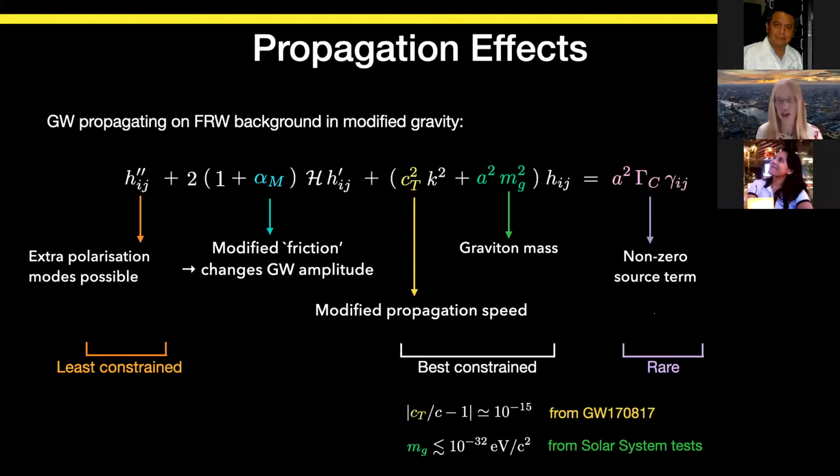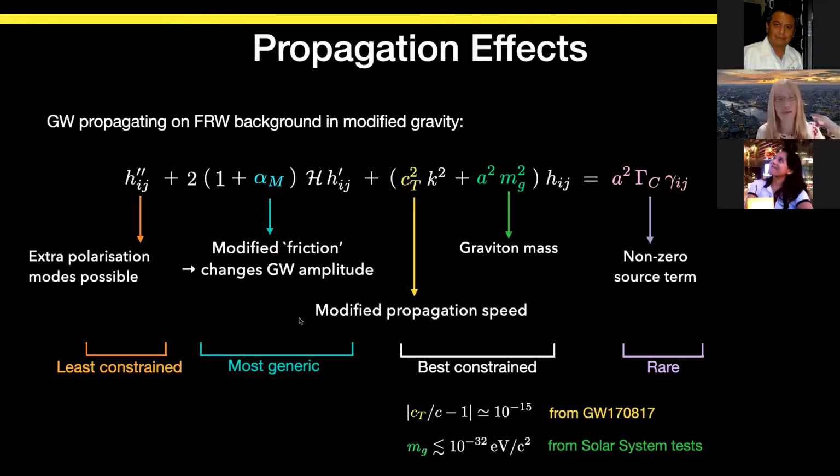The source term that I mentioned is actually quite rare, in the sense that most modified gravity theories don't cause that term to arise. There's only a small handful that I know of, things like bigravity. But the most generic term is the one sitting here.